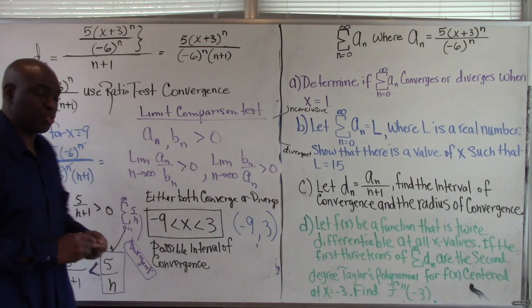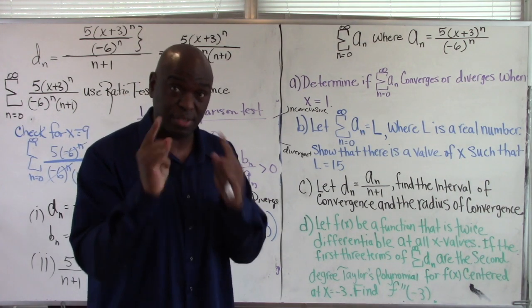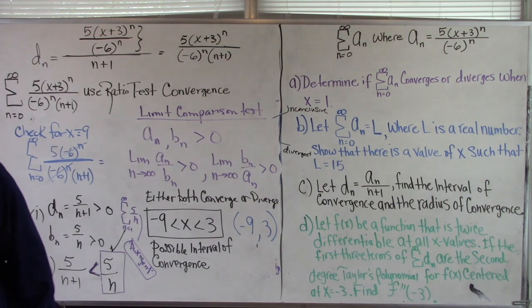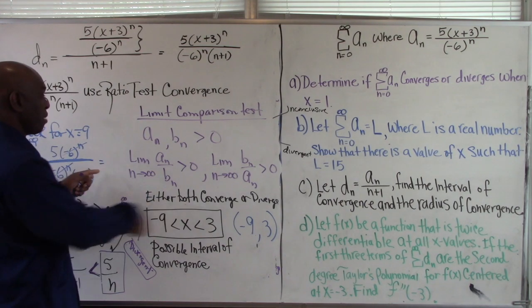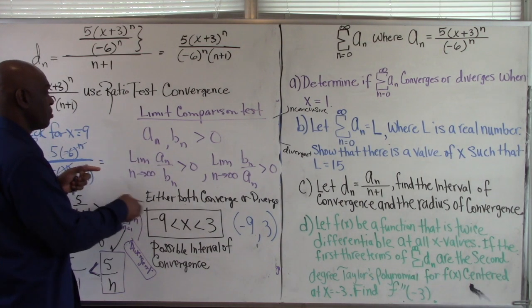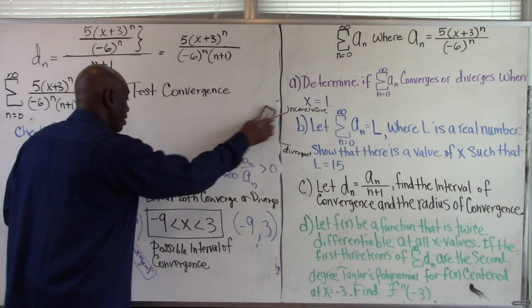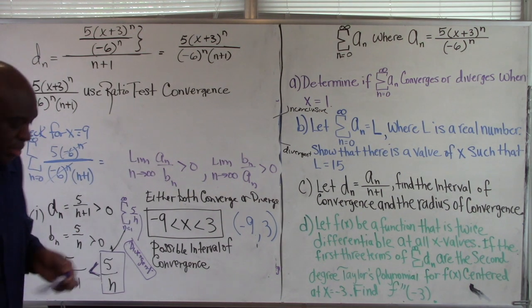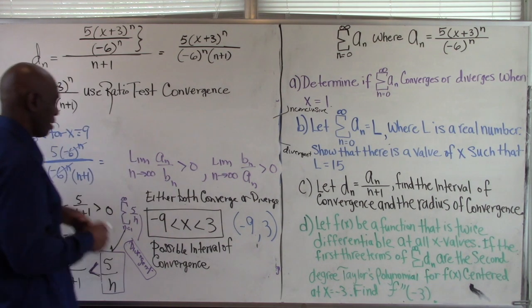So now let's just go ahead and utilize the limit comparison test. All right, so here we go. Let's utilize the limit. This right here, this is the limit comparison test. We're going to use this now. All right, so let's see here. Let's use this limit comparison test. And it doesn't matter which one we divide first, okay?